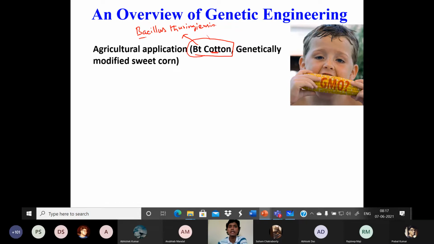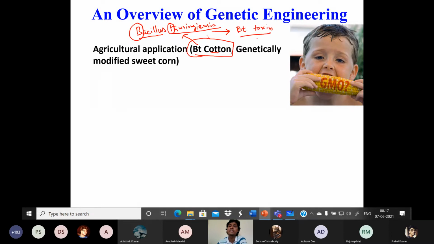If you forget this name, nothing will happen, but I would like to say this B and this T, Bacillus thuringiensis. This is a bacteria. Naturally, this bacteria produces one toxin, and because of Bacillus thuringiensis, this is called BT toxin.